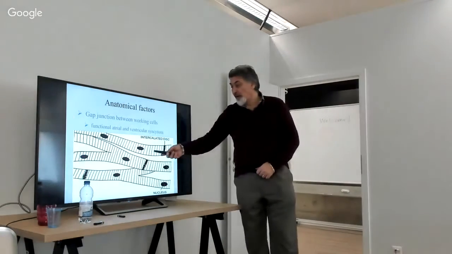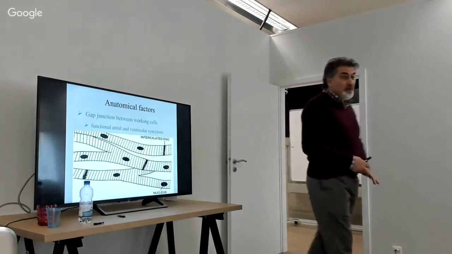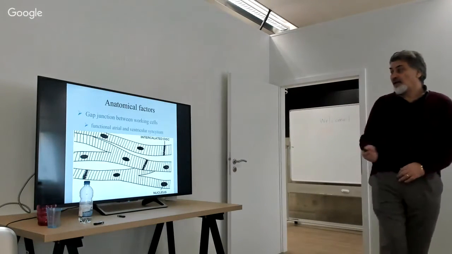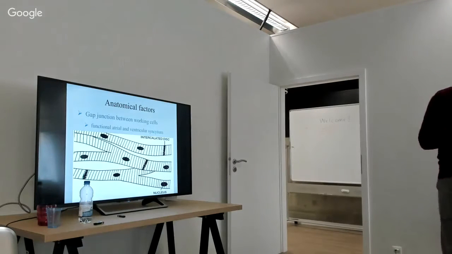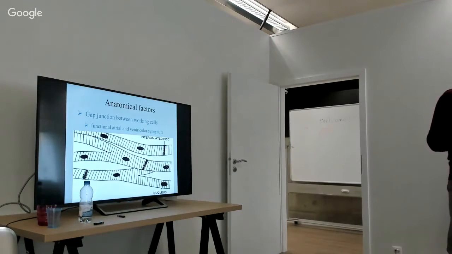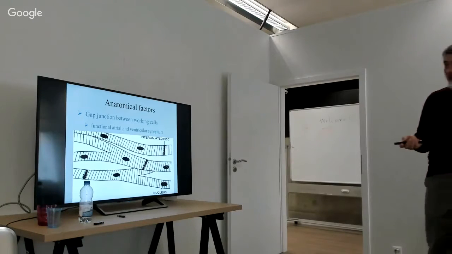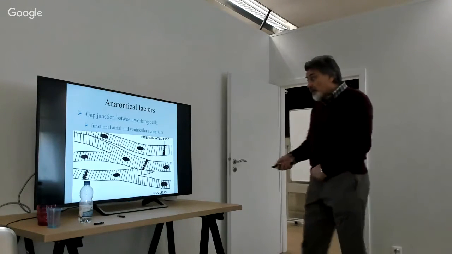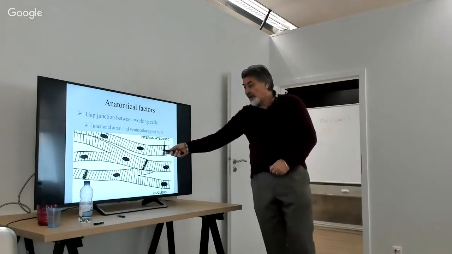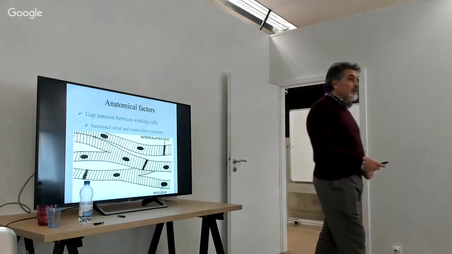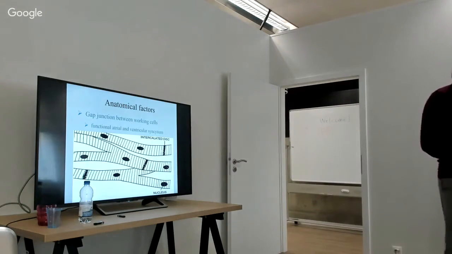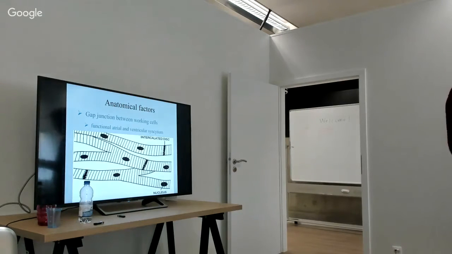The cardiac fibers are connected with intercalated discs. These are mechanical, holding the cells together. So it's like a single cell from the mechanical point of view, but also from the electrical point of view, because here we have the connection made by connexins.